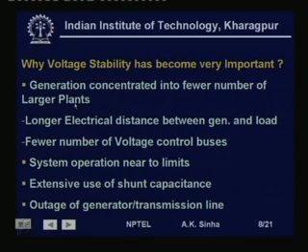Next question comes: why are we talking about voltage stability so much these days? The reason behind this is that nowadays we are facing more blackouts which are caused by voltage stability.